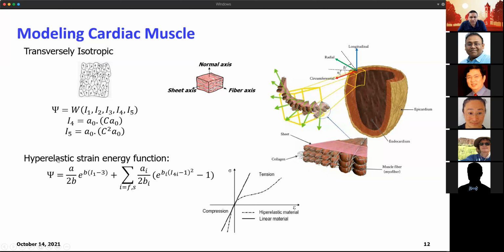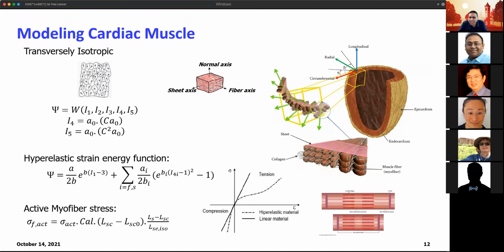So these are what are called hyperelastic materials. So we model them using the hyperelastic equations. And not only that, like I said, each muscle cell can contract. So we need to model the active force that is being generated by each of these muscle cells. So we also model that in the complete model.